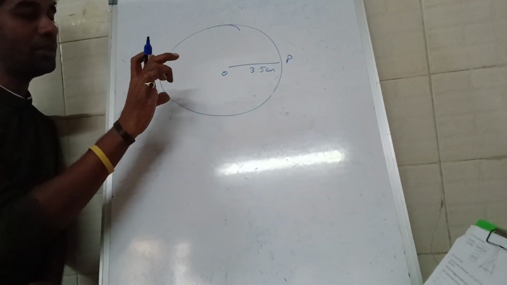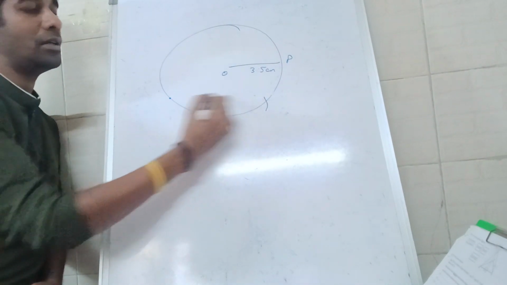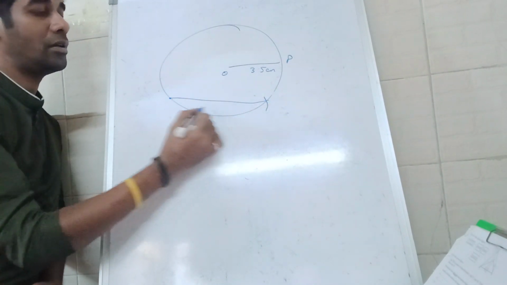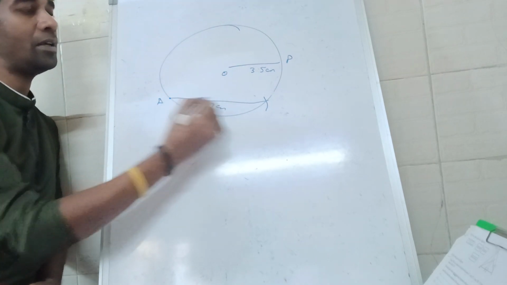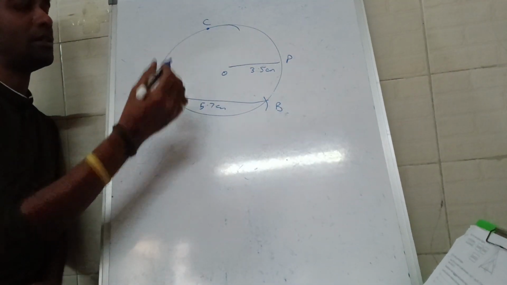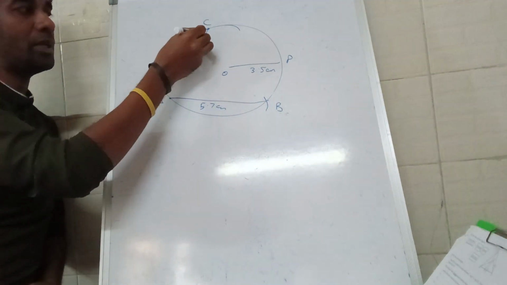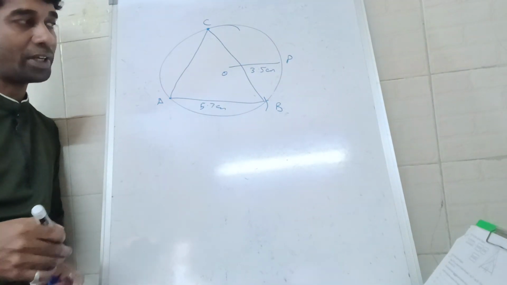Then take your compass, keep it here at any one point, mark an arc 5.7 centimeters A, B. Take any point on the circle as C. Make it a triangle by joining these 2 points.